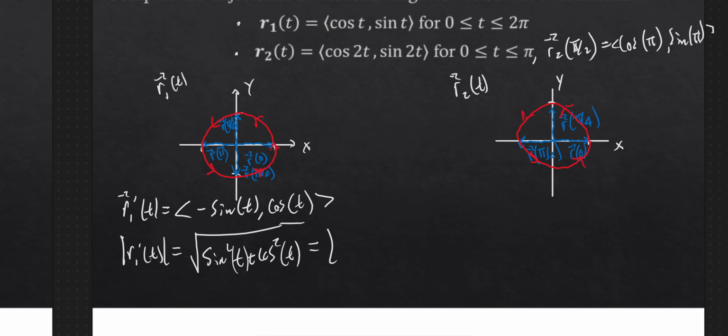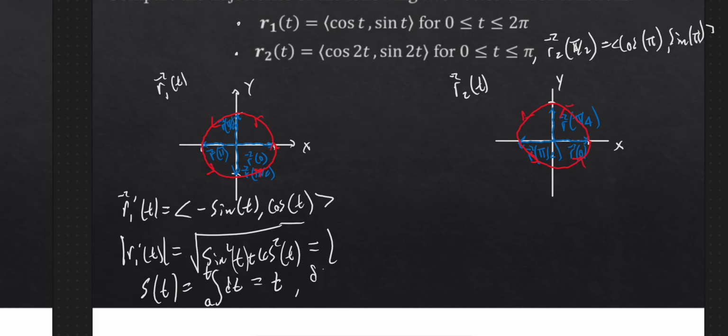Right, so what's my arc length function then? My s of t, my arc length function, is the integral of this from any point in time a to t. So if I want arc length from some point to some other point, this is just 1 dt, which is just t. So my arc length function is exactly t.